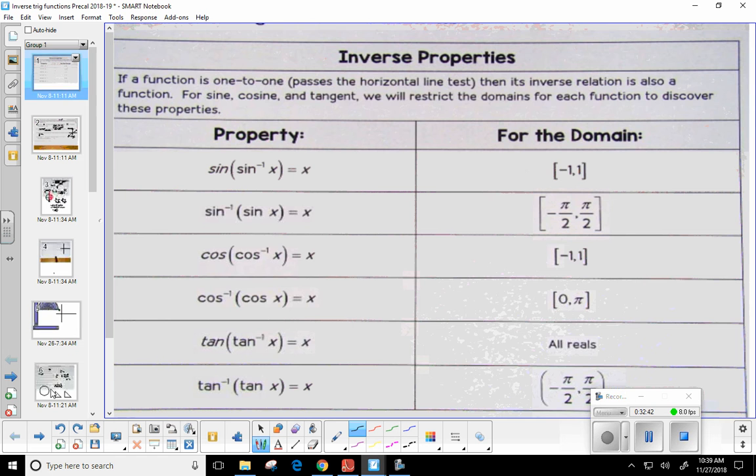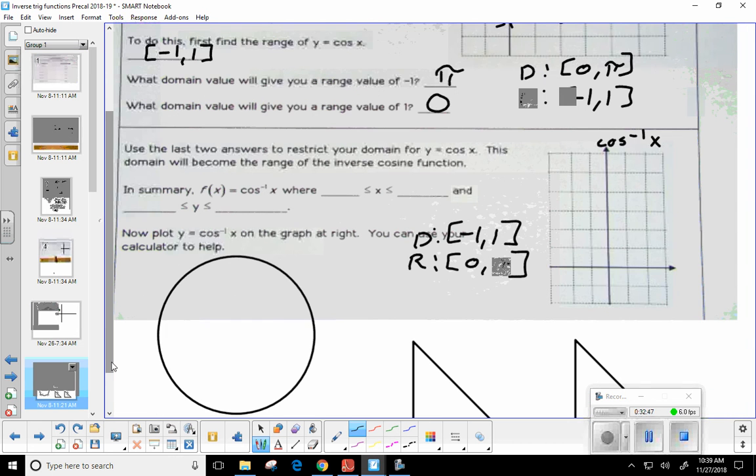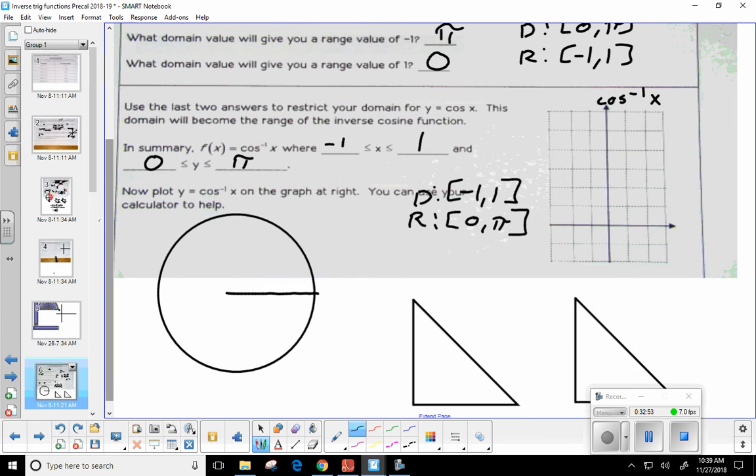So if we're looking at the unit circle, let me fill in these right here. We said that the domain is between -1 and 1, and the range is 0 to pi. So if I'm looking at the unit circle, here's standard position. Here's 0 radians. Here's pi. What part of the unit circle is cosine inverse going to be restricted to? The top half.